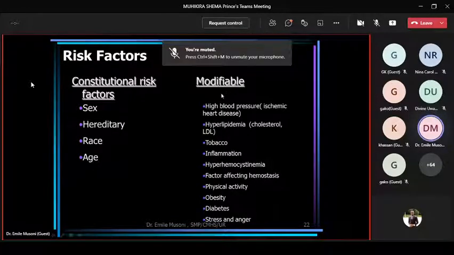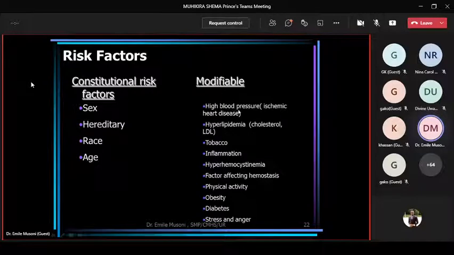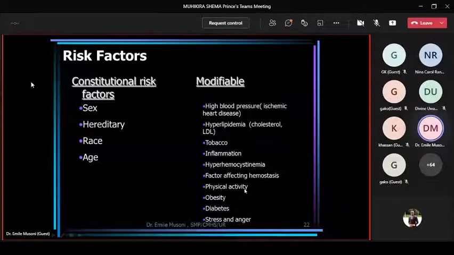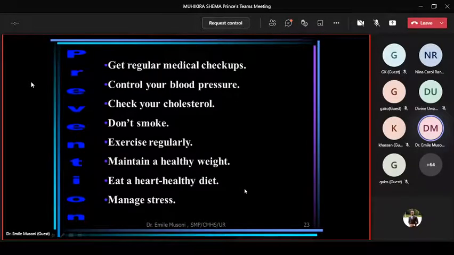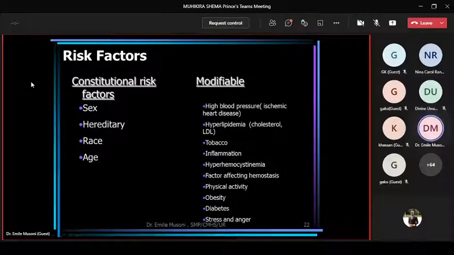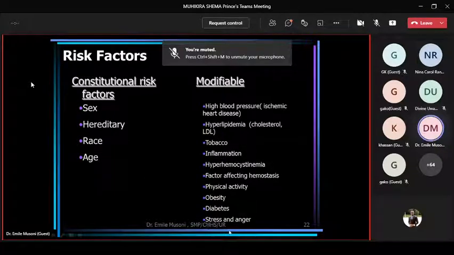The modifiable ones are high blood pressure, which can cause ischemic heart disease, hyperlipidemia, tobacco, inflammation, hyperhomocysteinemia, factors of hemostasis, we'll see them in thrombosis, lack of physical activities, obesity, diabetes, stress, and anger.